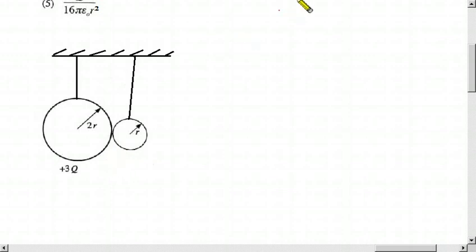That means suppose x amount of charge comes to this one and the remaining charge is 3q minus x. So we have to find the value of x. The charges are flowing only until the voltages get equal.